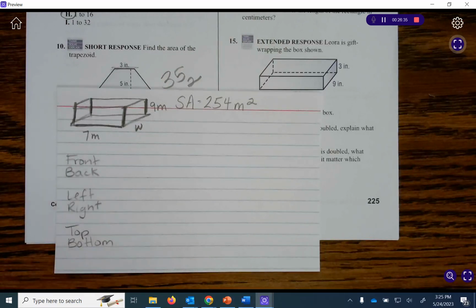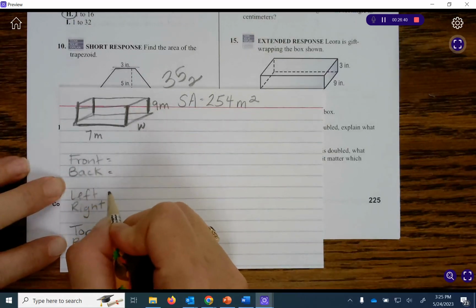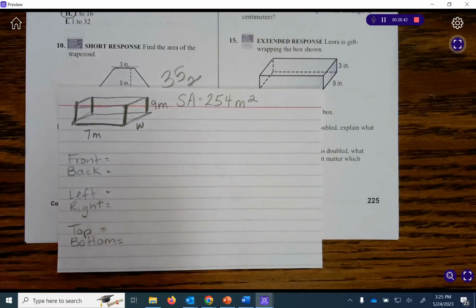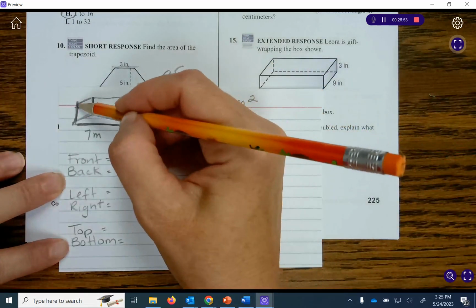Okay, this is involved, all right? But what I want you to know is that you have to write down what you know, because believe it or not, if you take the time to write down what you know, a lot of the times the solution comes to you.